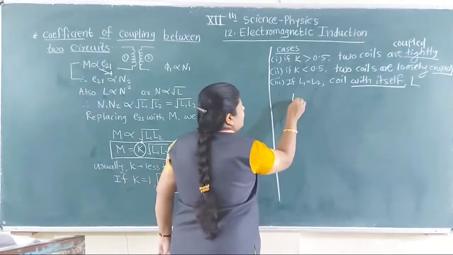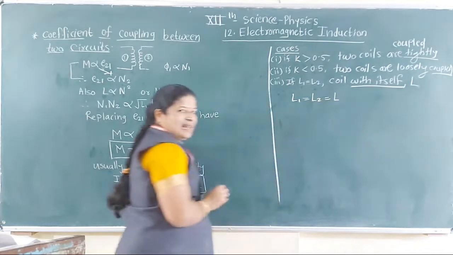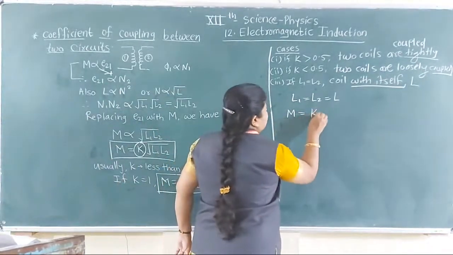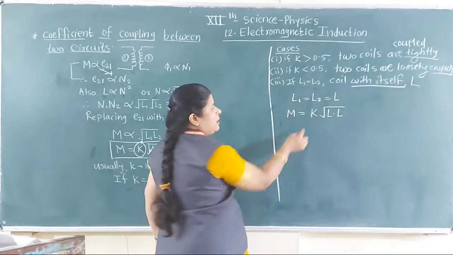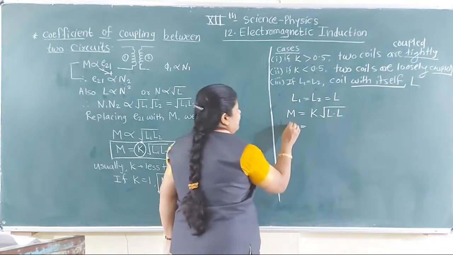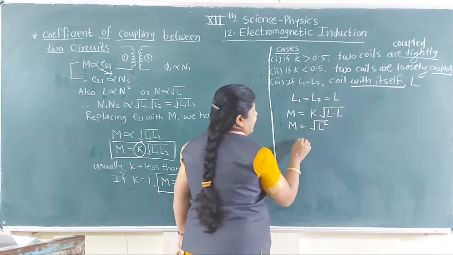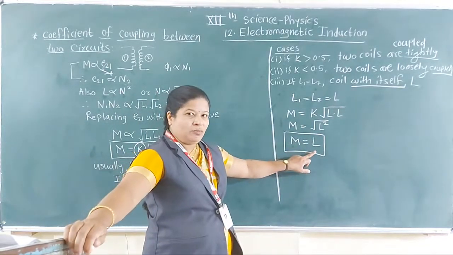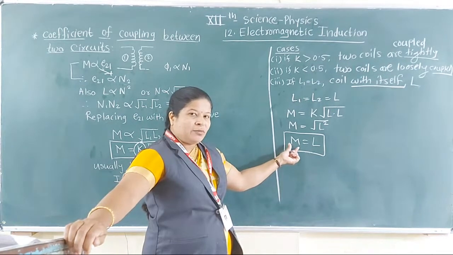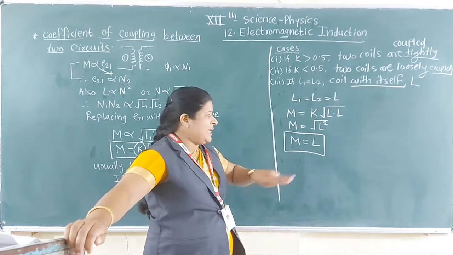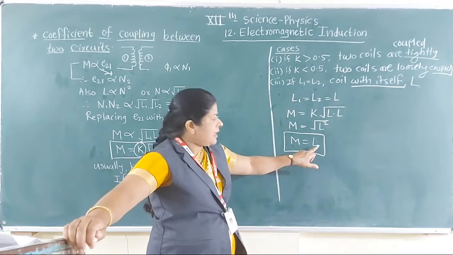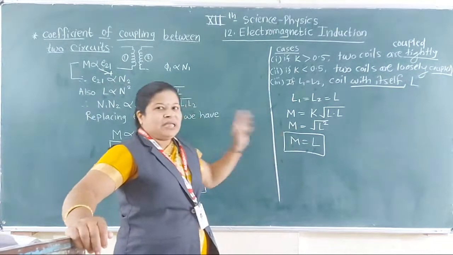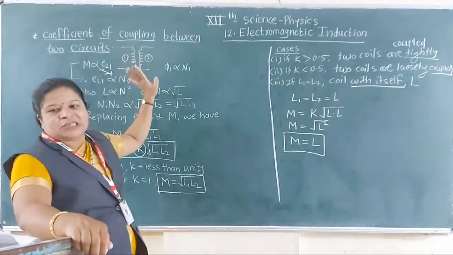Now, when L1 is equal to L2 is equal to L, then we get M is equal to K square root of L multiplied by L. If K has the value 1, then we get M is equal to square root of L square, which is M is equal to L. Now M, the coefficient of mutual inductance between the two coils, is equal to self-inductance L, the self-inductance of that coil.